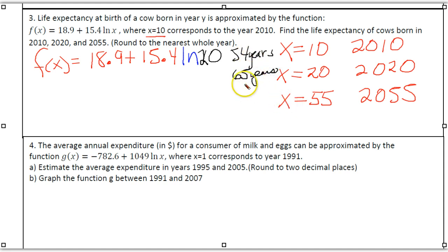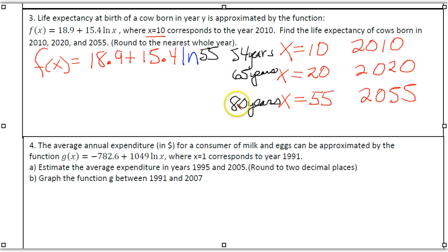And here, if you put a 55 there, we'll have to erase that. 18.9 plus 15.4 natural log 55. That gives you 80 years. And try it out. Now when I put this last one, I just checked it here.